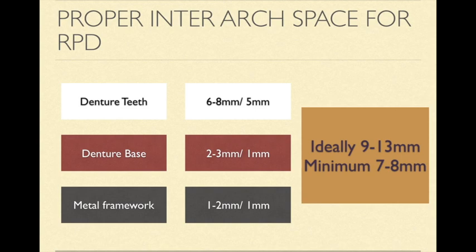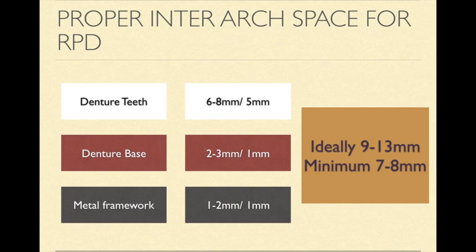The metal framework usually has 1 to 2 millimeters of thickness, or even more. The denture base material should have at least 2 to 3 millimeters to get good support and stability. And when you set up denture teeth, the denture teeth usually measure 6 to 8 millimeters on the posterior teeth.